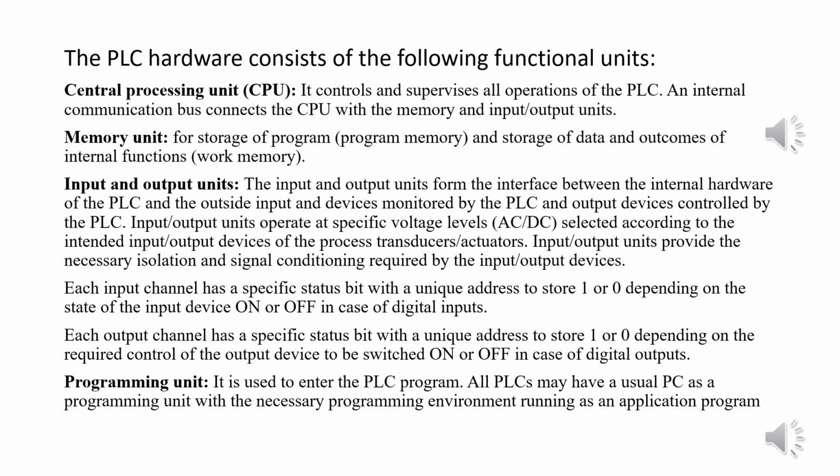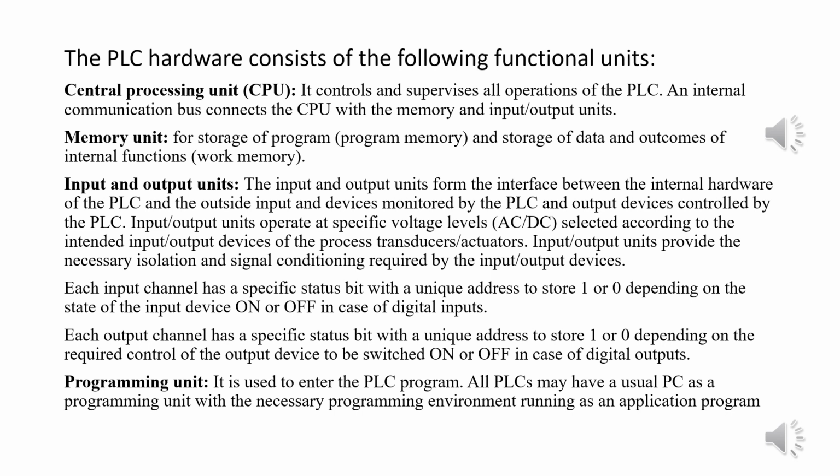The input and output units are the modules that give the required interface between the internal hardware of the PLC and the outside world coming from input devices and output devices. Input and output units operate at specific voltage levels, either AC or DC, and they are selected according to the intended input-output devices in the process.